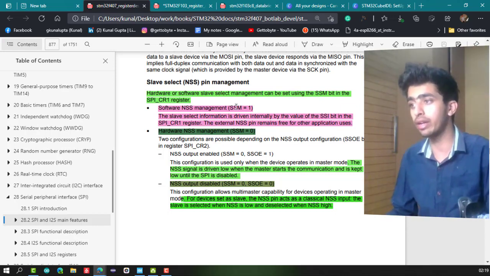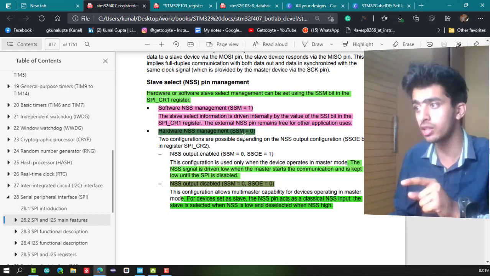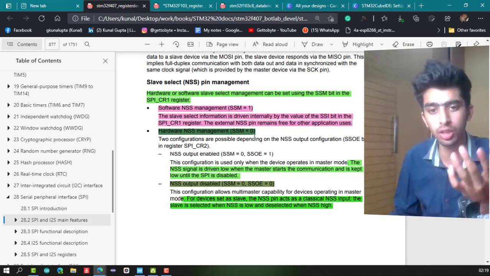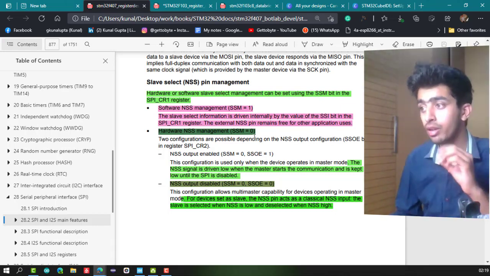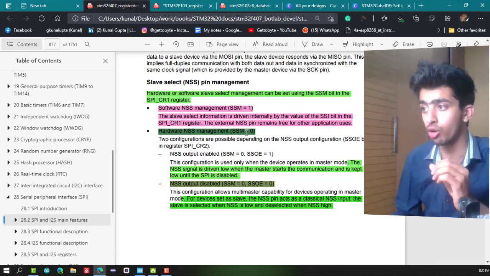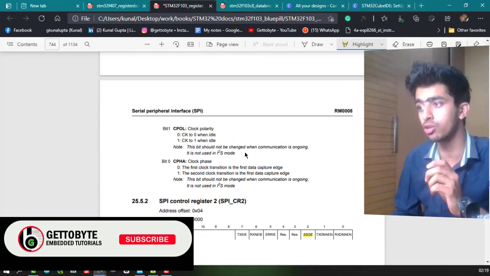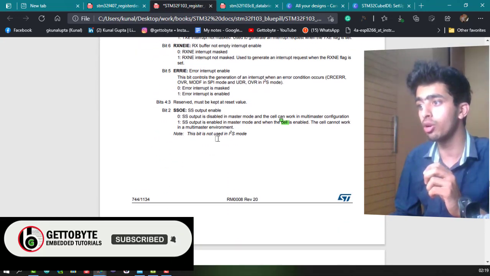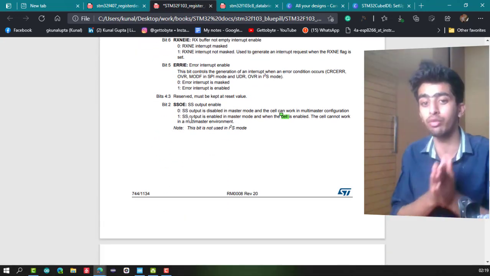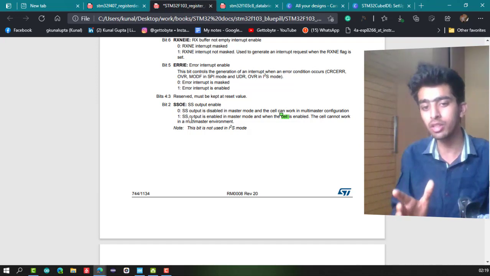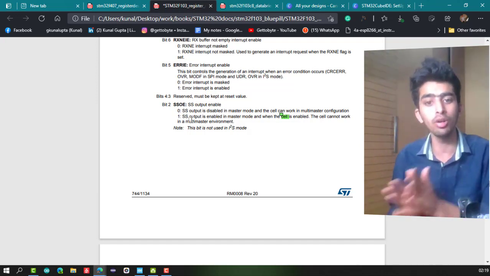In such a case, when we are using hardware NSS management, SSM equals 0, and we also have to set the SSOE bit to 1, because the SSOE bit determines whether the slave select pin output is enabled or disabled.